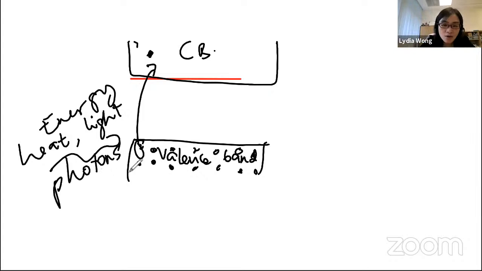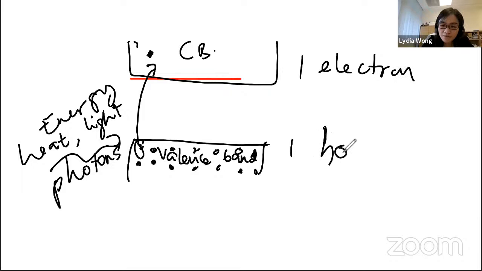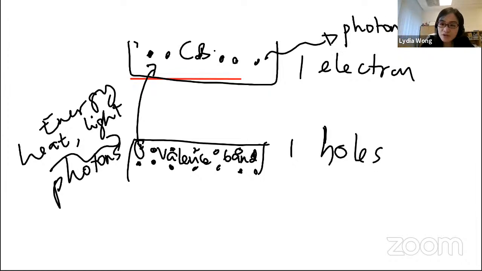Okay, so once one photon is absorbed, it generates one electron and one hole. The electron in the conduction band becomes a free electron, which is called a photon-induced current.